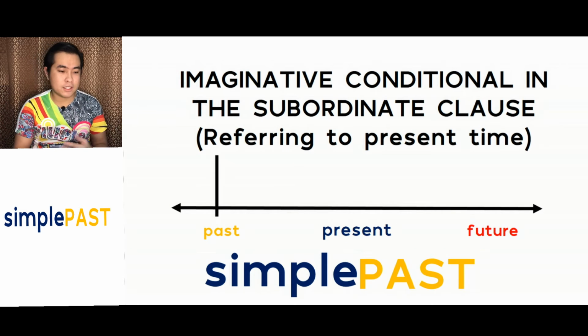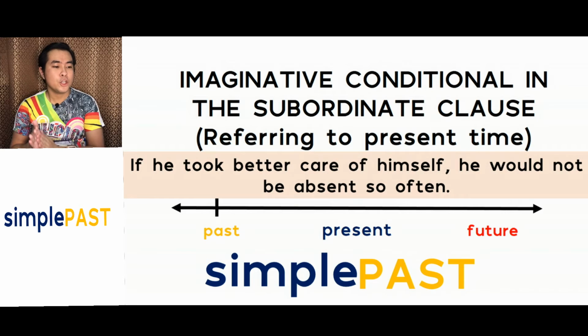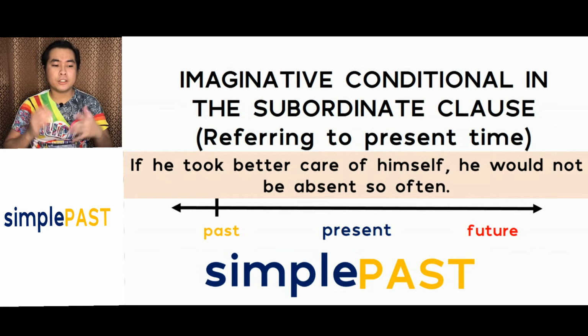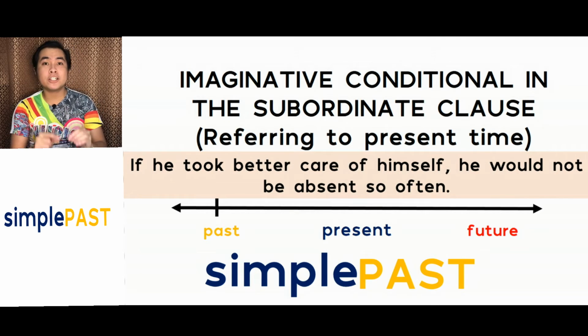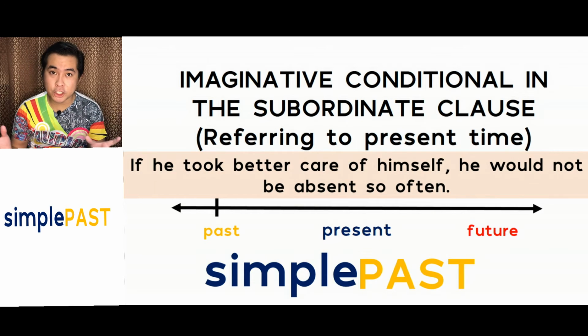So let's have this example to illustrate that. If he took better care of himself, he would not be absent so often. So we have the conditional clause, the if clause again: if he took better care of himself. So again, it's imaginative conditional.